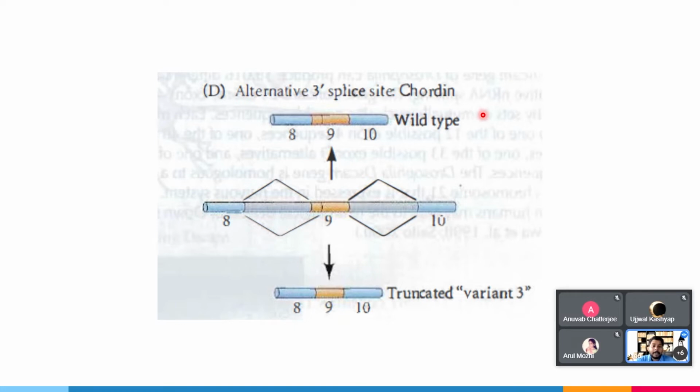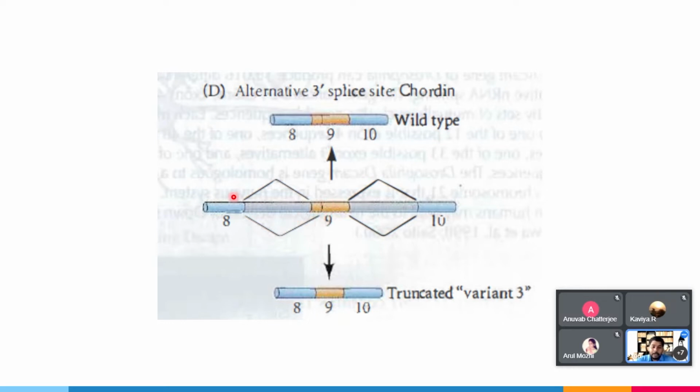So this is another example of alternative splicing, in which instead of alternative exons being incorporated or not incorporated, it might be the case that part of an exon is incorporated and part of it isn't. That will only be possible in what case?